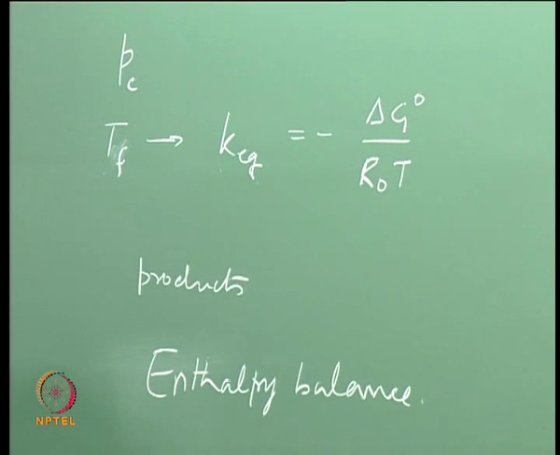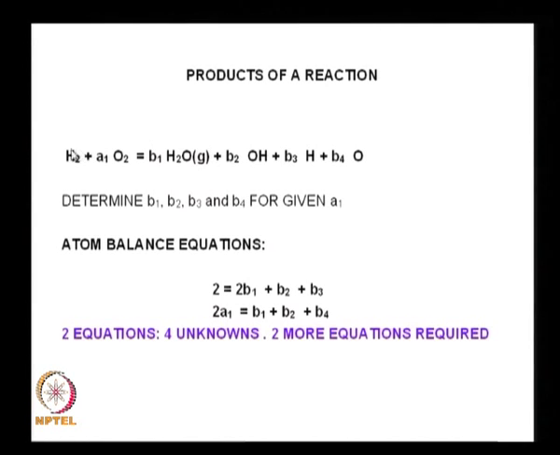Let me illustrate this through an example with which we had got started in the last class. Let us do this particular one. In this reaction, the reactants I take are hydrogen with A1 moles of oxygen.